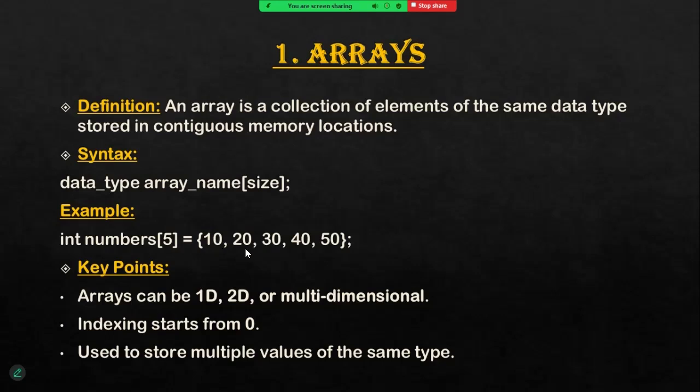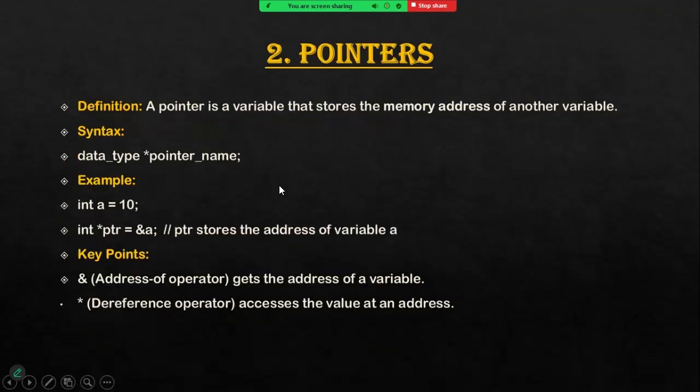Then the next elements have index 1, 2, 3, 4. So indexing starts from 0. Arrays are used to store multiple values of the same data type. That's all about arrays.